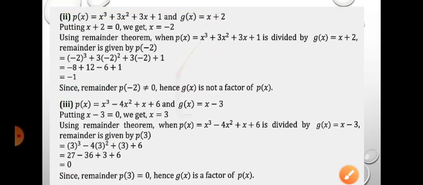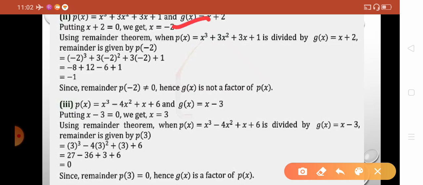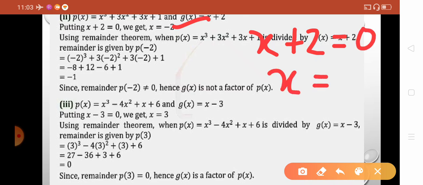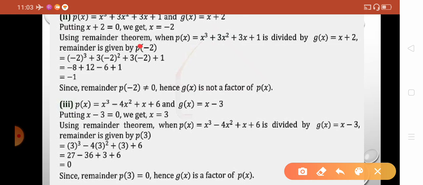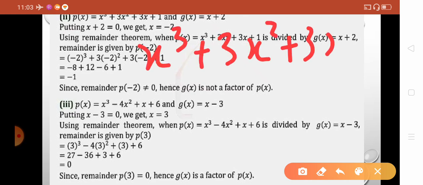In the second part, g(x) is equal to x plus 2. From here we will get the value of x is equal to minus 2, because whenever we put x plus 2 equal to 0, we get x equal to minus 2. So we will put this x equal to minus 2 in the given equation, and the equation is x cube plus 3x square plus 3x plus 1.